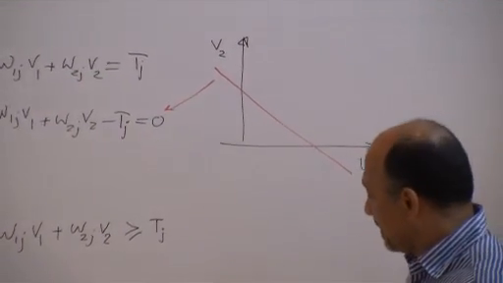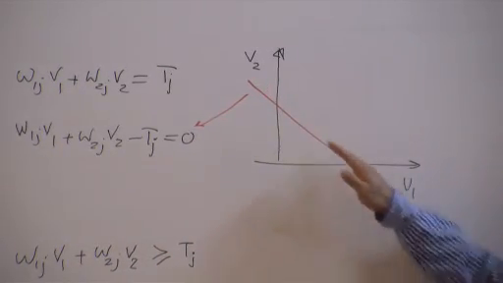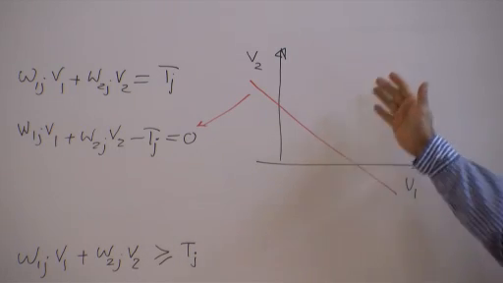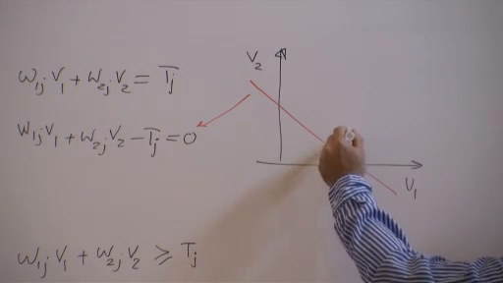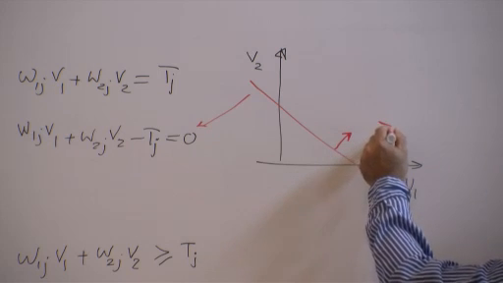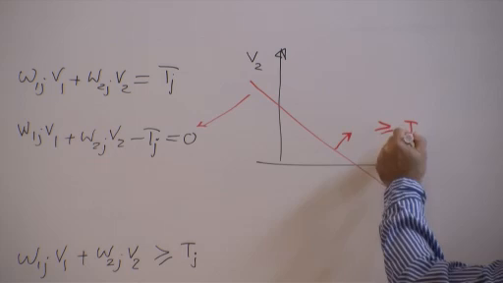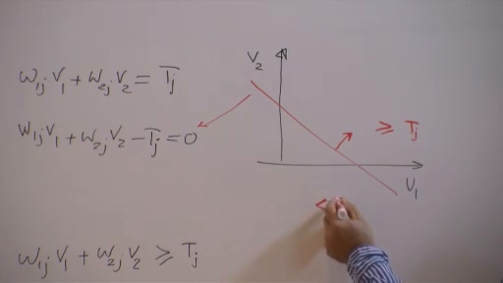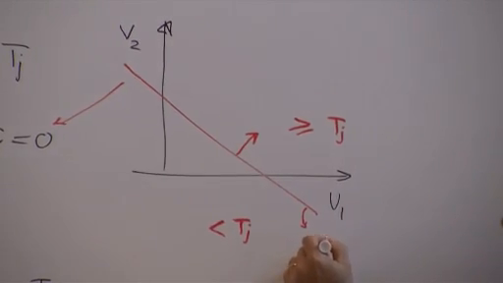Now, with this equation, we see that this line is dividing the space into two regions. One region is where we are bigger than the threshold, and normally we put a little arrow here identifying that this is the region bigger than 0, or the threshold. The other region is where we are less than the threshold. When we are right on the line, we are equal to the threshold.